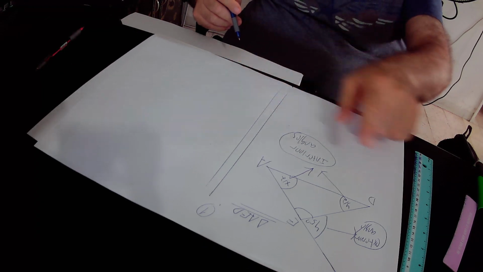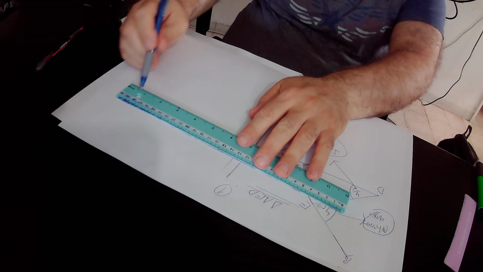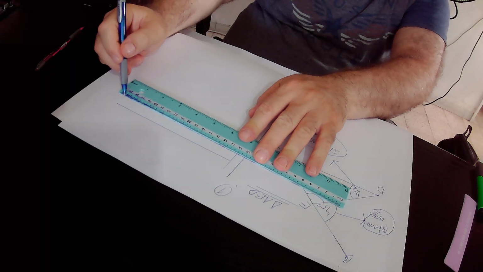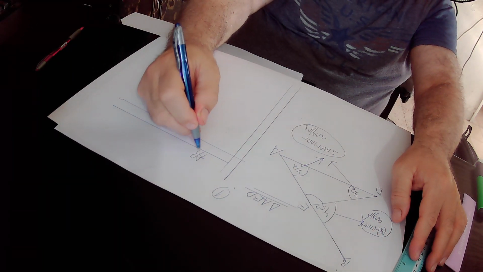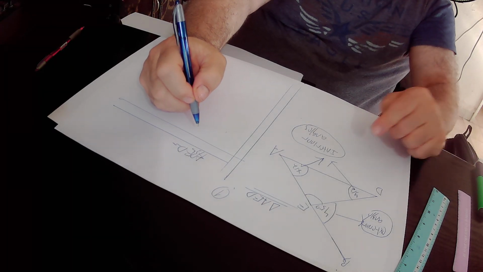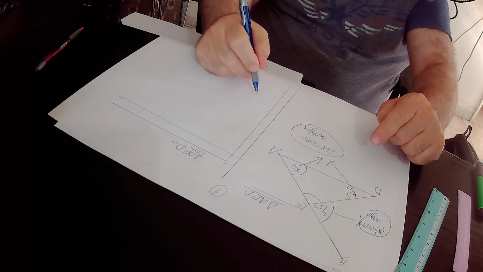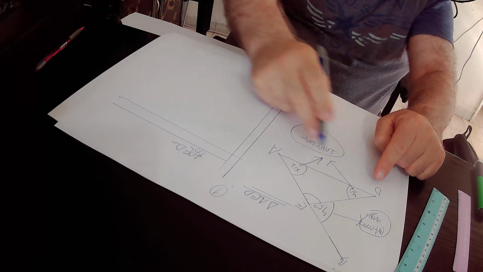So write it down. We found out that the size of the exterior angle BED is equal to the sum of the two interior angles that are not adjacent to it. That is to say, it is x over 2 plus y over 2.